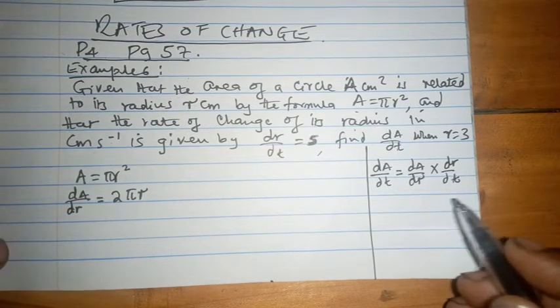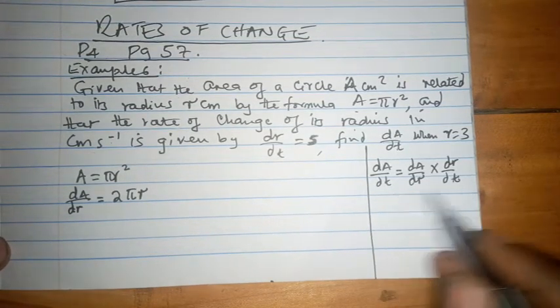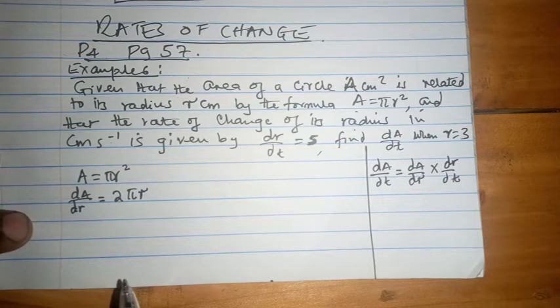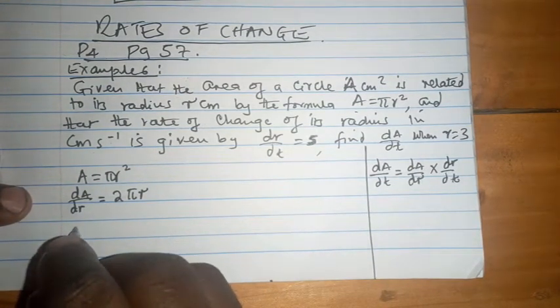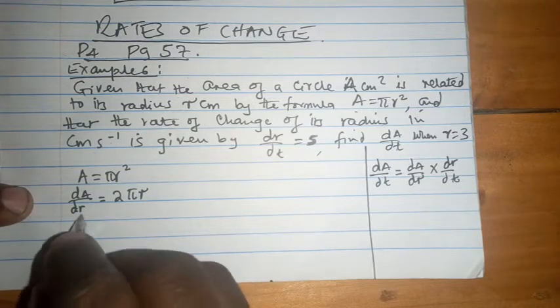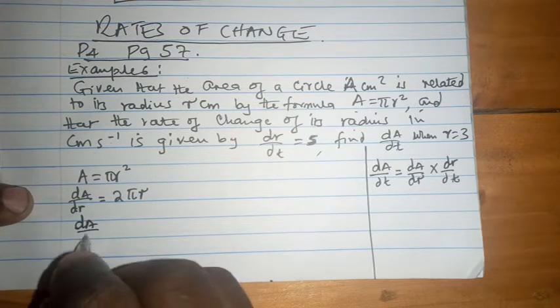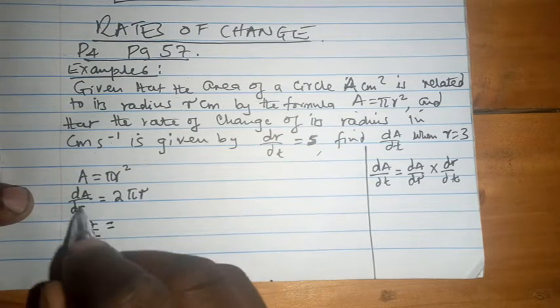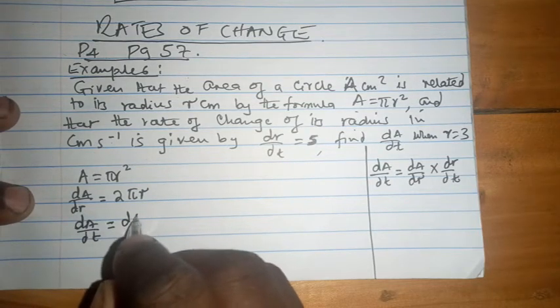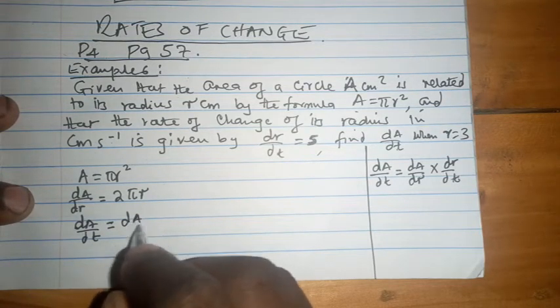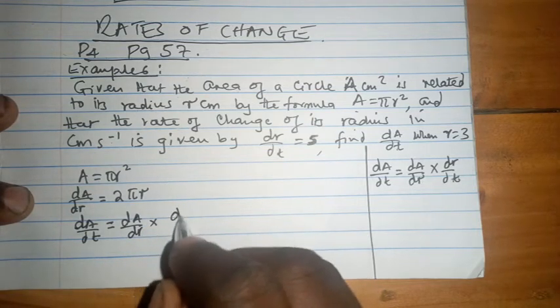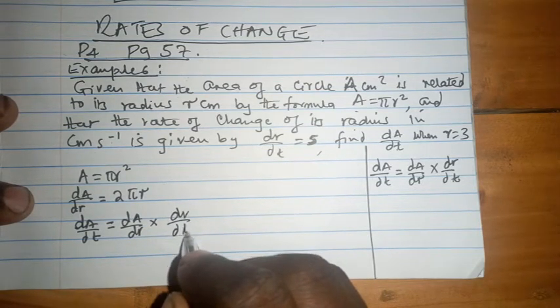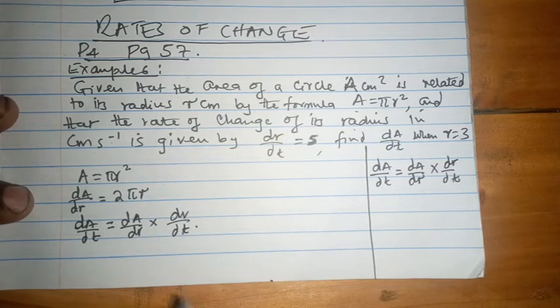Having said that, now using this we have dA dt equals dA dr times dr dt. That we know.